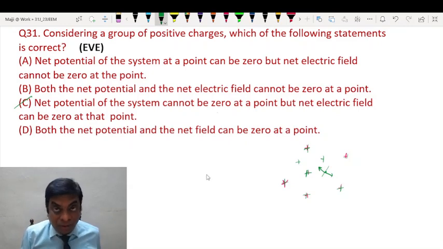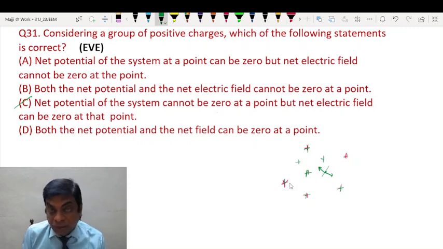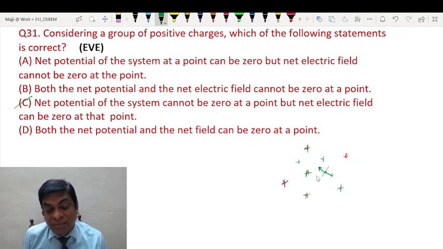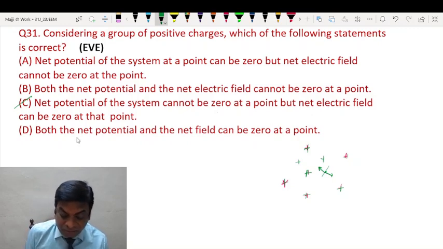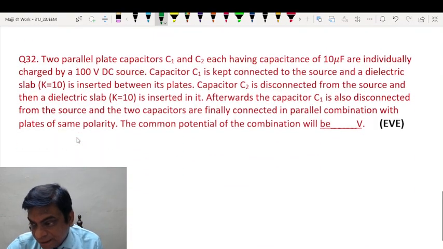So it's quite possible. So the correct option is this. Net potential cannot be zero because potential has to be positive at any point because only positive charges are there. However, electric field being a vector quantity, it is possible to have a zero electric field. C option is the correct answer.